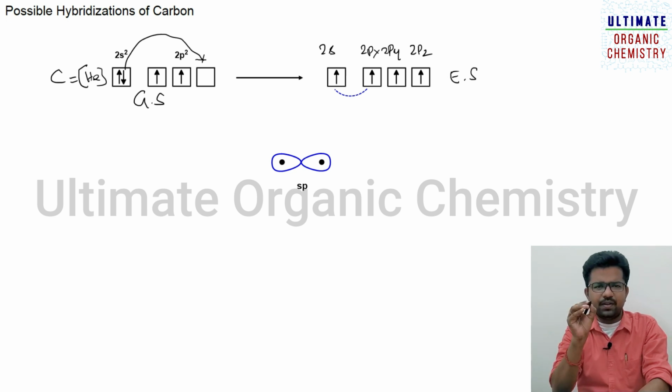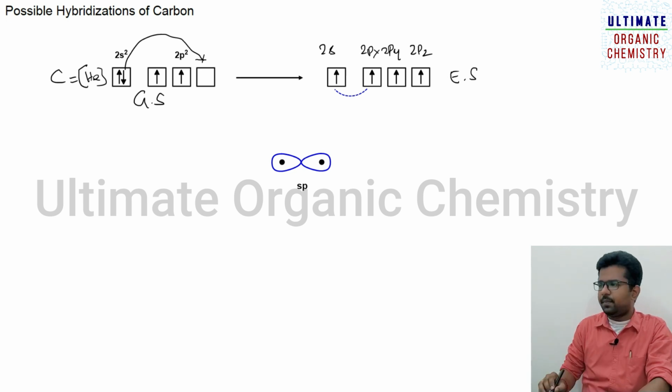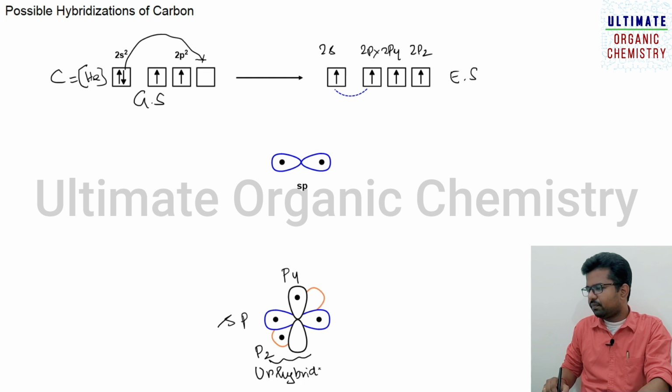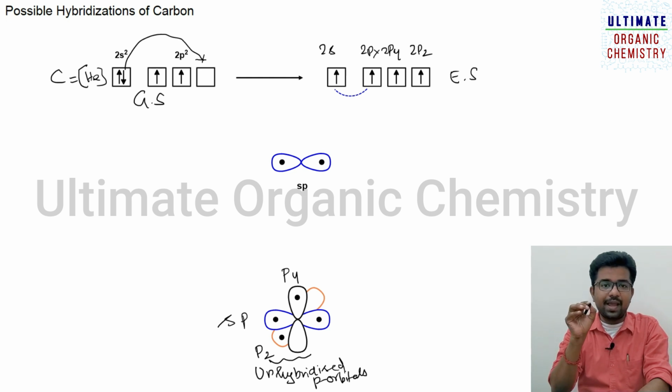If you check the particular structure of the sp hybridized orbital, you can see this is the final sp hybridized orbital. Whatever the blue color I have given, that is sp. The black color will be considered to be py and the orange color will be considered to be pz. These two, py and pz, are unhybridized p orbitals, meaning they do not participate in hybridization.